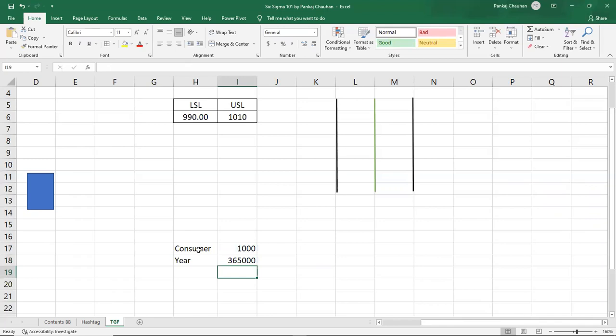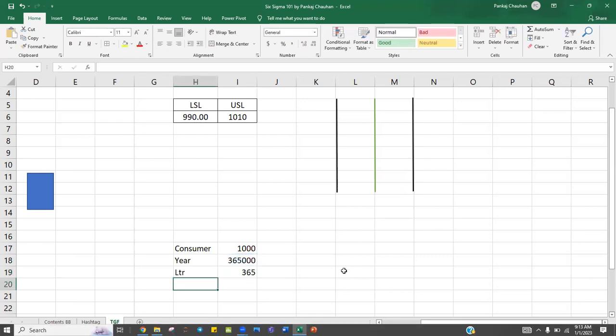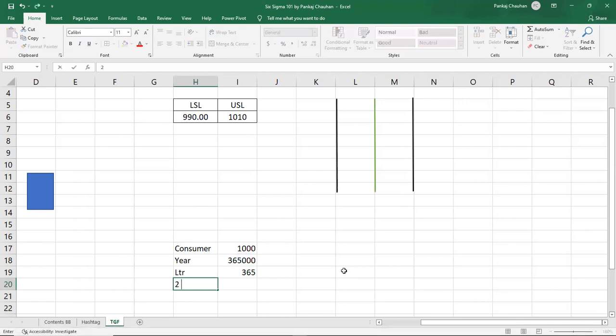So this much ml, which if you want to convert into liters, is this divided by 1000, which is 365 liters. Each liter costs you, suppose, $2. 1 liter of milk is just costing you $2. So the total amount you are spending is 365 multiplied by $2, $730 you are spending in a year.